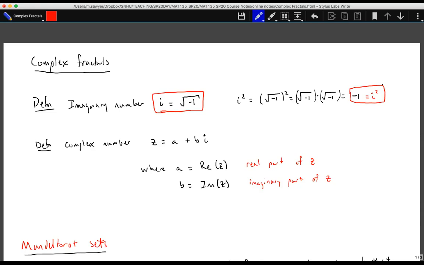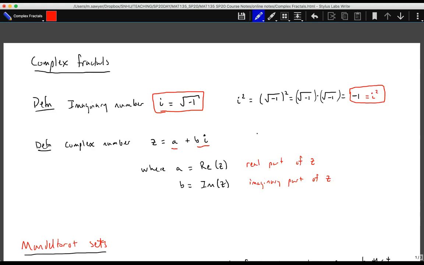So we define a complex number as where you take a real portion, a, plus an imaginary portion, bi, and you form a complex number, usually represented with z. So z is a complex number where z is built of some real parts, a, and some imaginary parts, b.